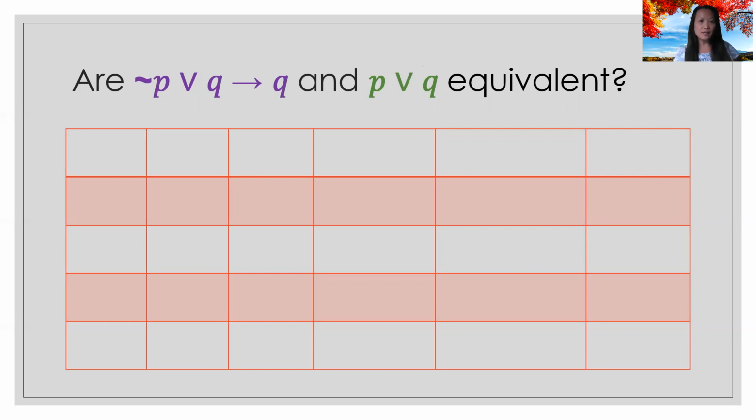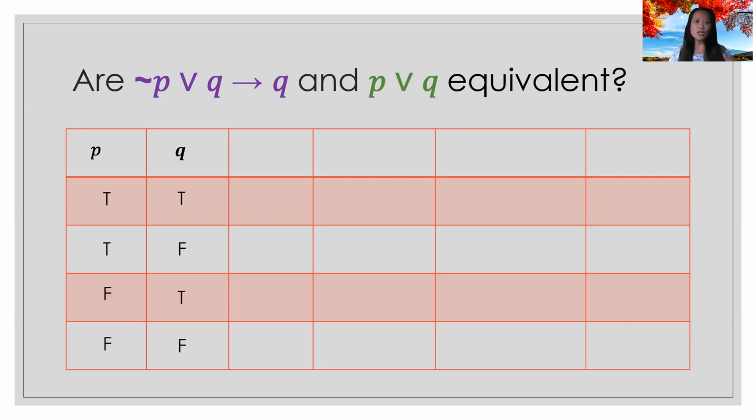Here in this statement, we have P and Q, and that's it. Those are the two simple statements. And we know if we have two simple statements, we have four combinations of truth values. True, true, true, false, false, true, and then false, false. Okay?